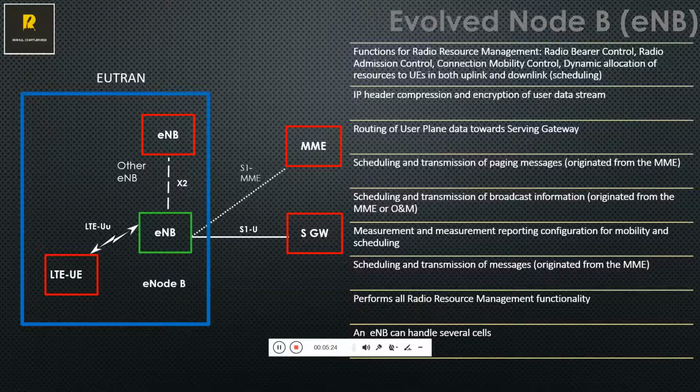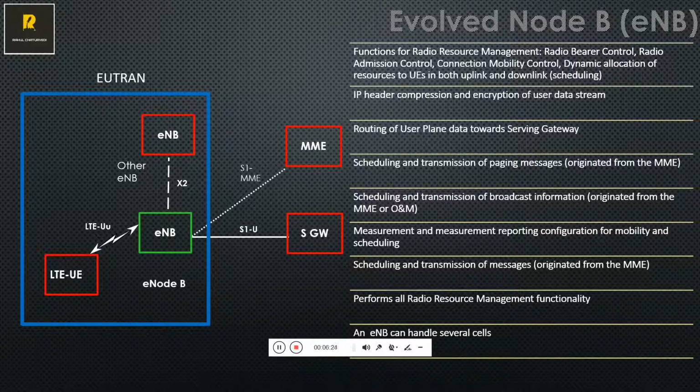So coming to the functionalities now: functions for radio resource management, radio bearer control, radio admission control, connection mobility control, dynamic allocation of resources to UEs in both uplink and downlink scheduling, IP header compression and encryption of user data stream, routing of user plane data towards the serving gateway, that is the S gateway, scheduling and transmission of paging messages originated from MME and forwarded to the UE using the LTE interface, scheduling and transmission of broadcast information originated from the MME and O&M, measurement and measurement reporting configurations for mobility and scheduling.